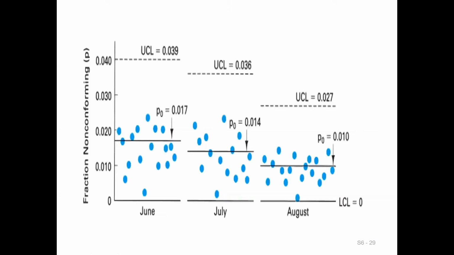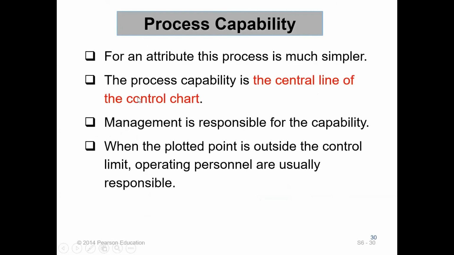Once the process is stable, the number on the center line represents the process capability. For example, in this case, if asked what is the process capability for this process, the process capability is 0.01. It's the center line, with no further calculation. So it's the center line of the control chart.